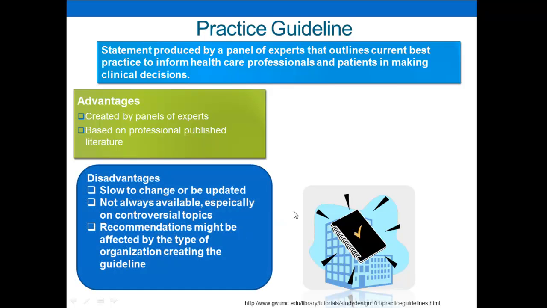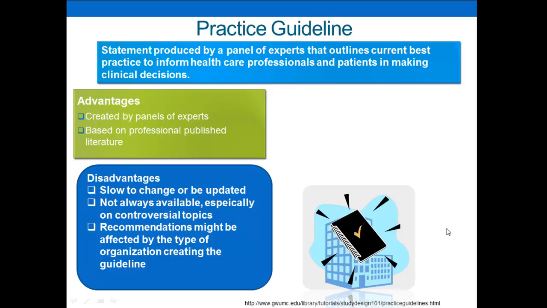But there are some disadvantages as well. One, once they're done, they're slow to change or be updated. They're not always available, especially on controversial topics, so there's not very many of them. And many times the recommendations might be affected by the type of organization creating the guideline, meaning it may help them with an agenda of some sort.